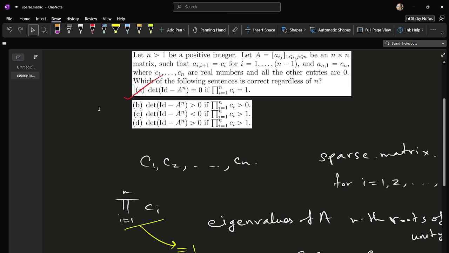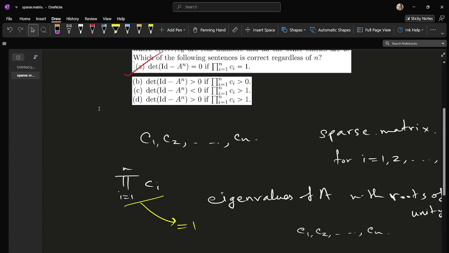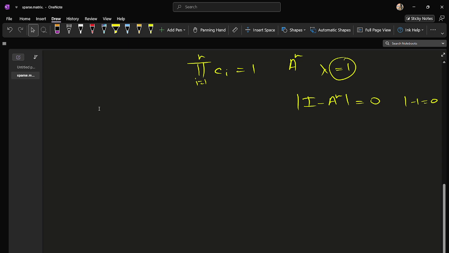But again, we have to think about B, C, and D, and why they are false. Option B is telling us that the determinant of I minus A to the power n is greater than 0 if the product of Ci is greater than 0.